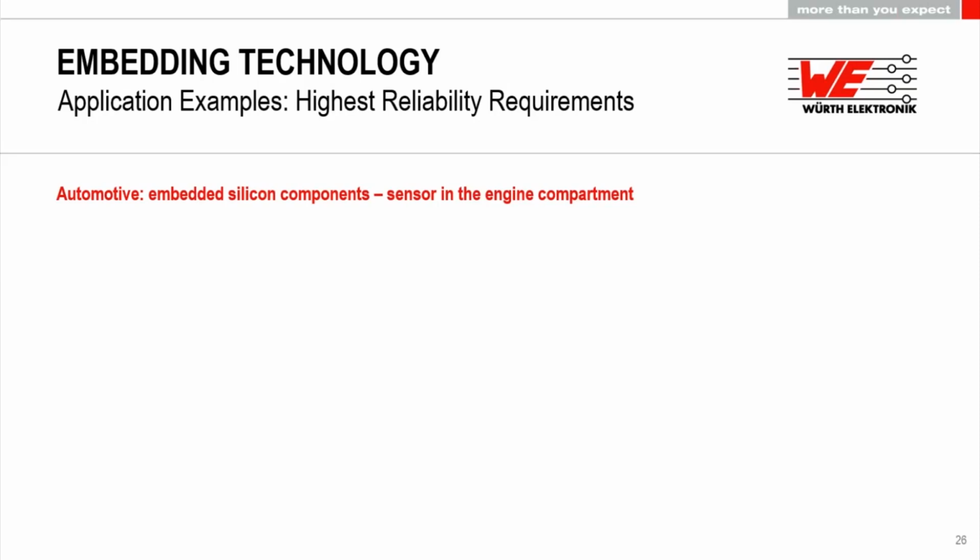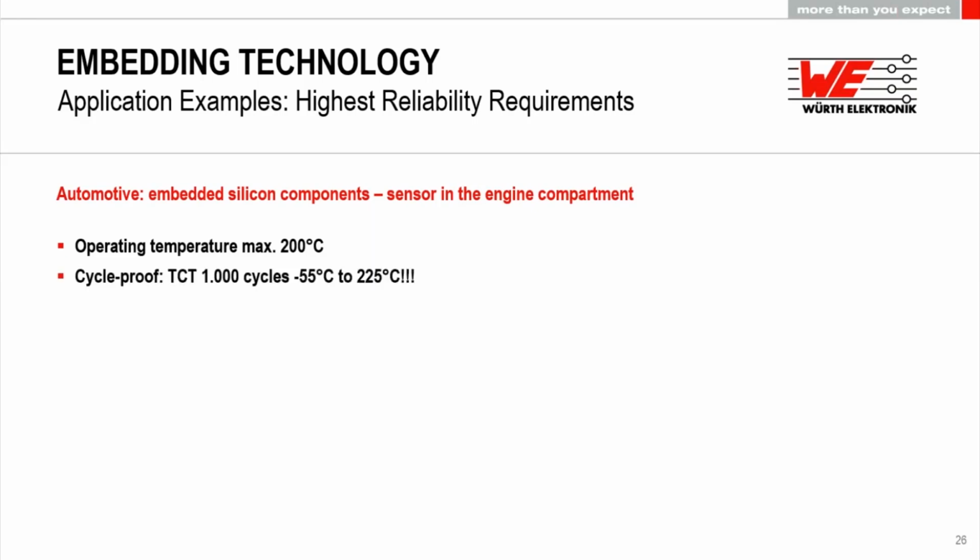The next example I want to show you is one where we really tried to push to the highest reliability requirements which are possible and capable for the technology. To show you what I mean with very high reliability requirements, in this application the operating temperature can reach a maximum of 200 degrees Celsius.